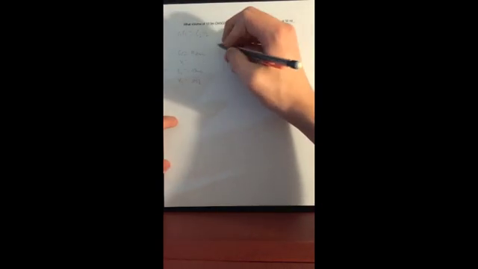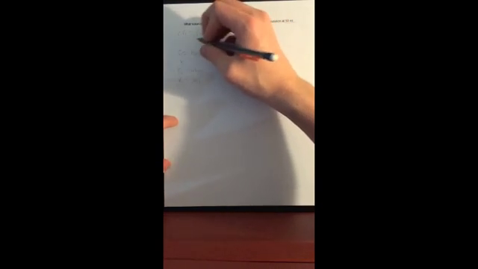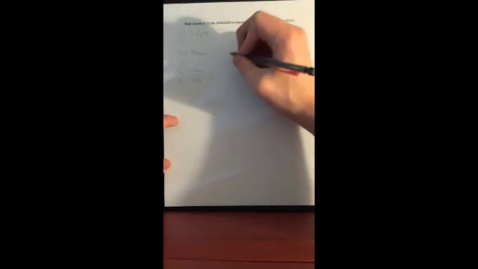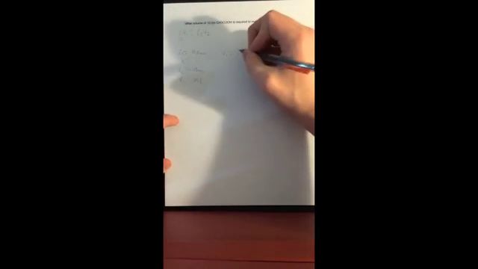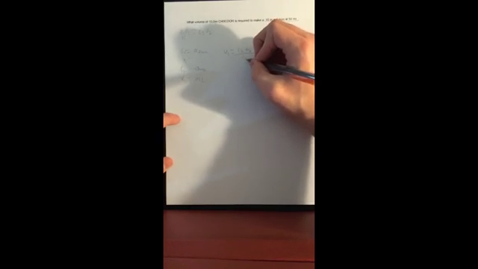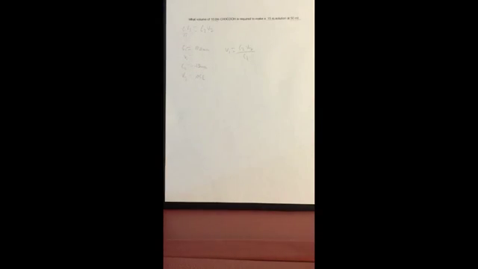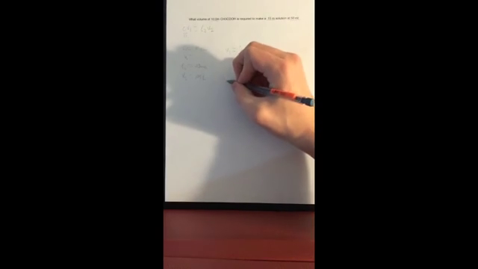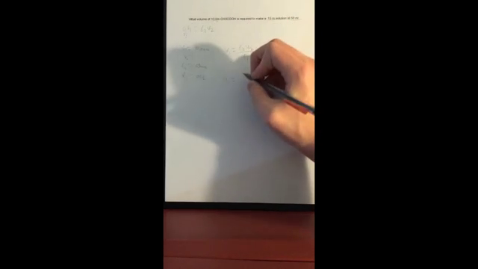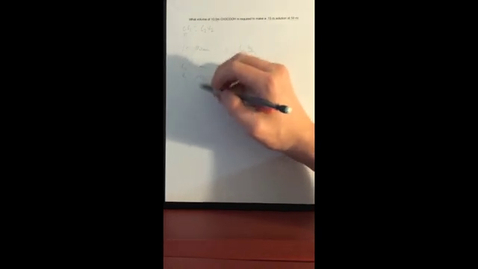Now we're looking for V1 here, so we're going to divide both sides by C1, which is going to equal V1 equals C2V2 divided by C1. Now we're going to sub in the numbers.